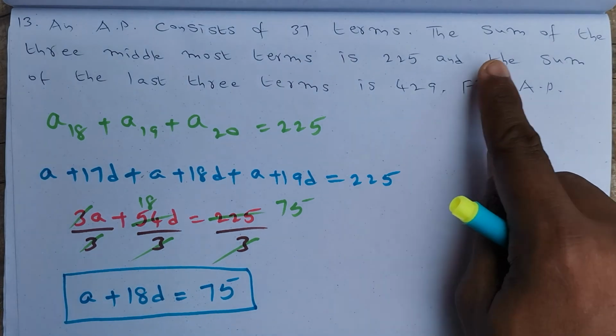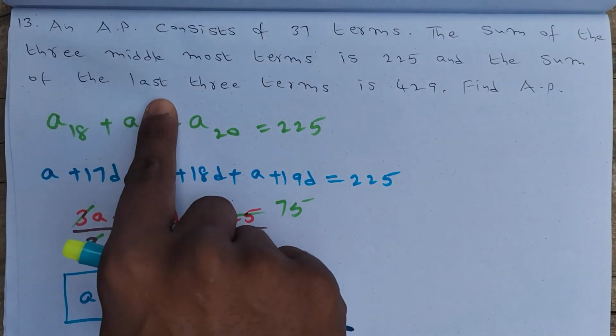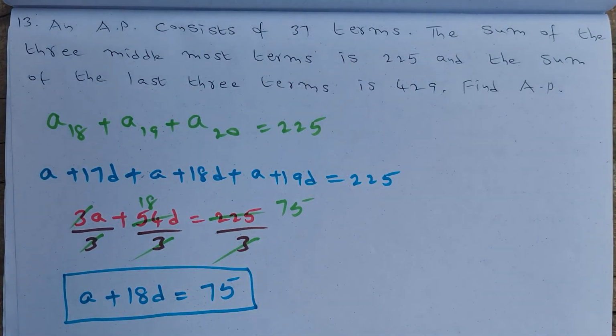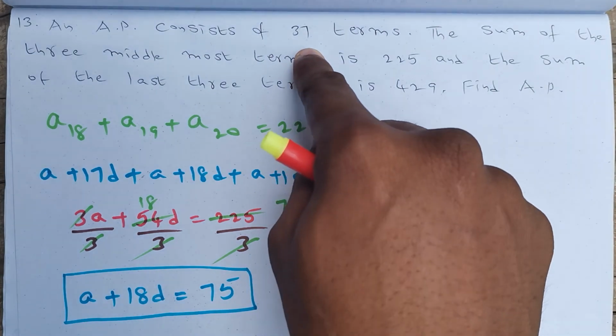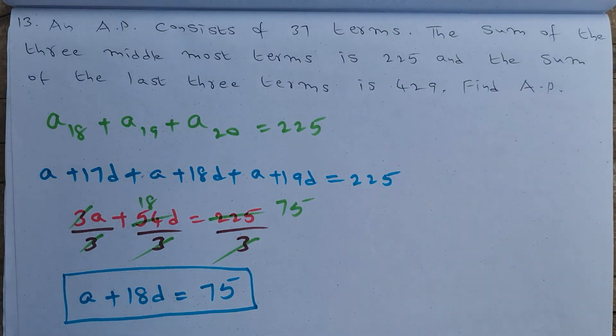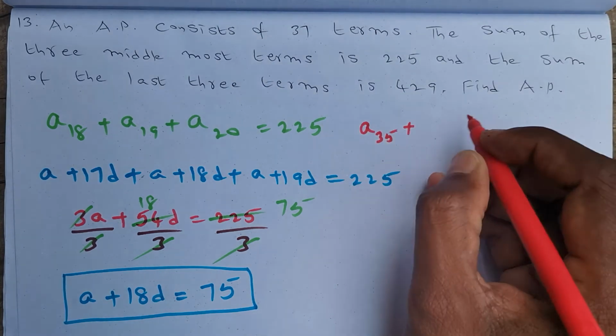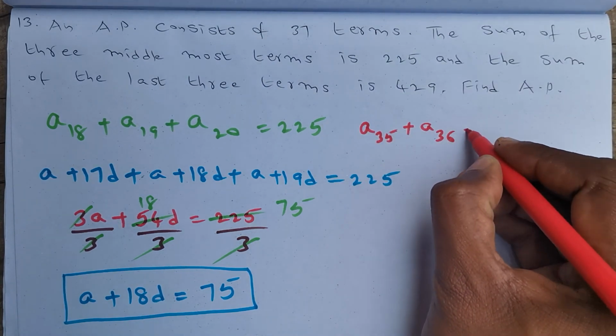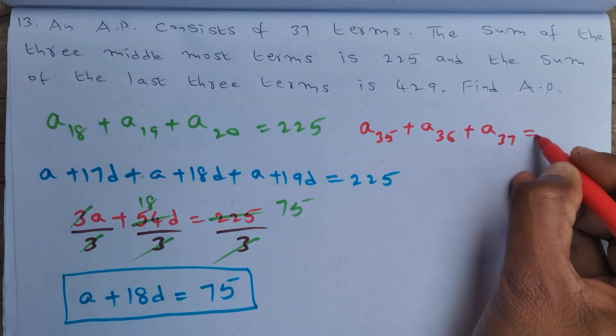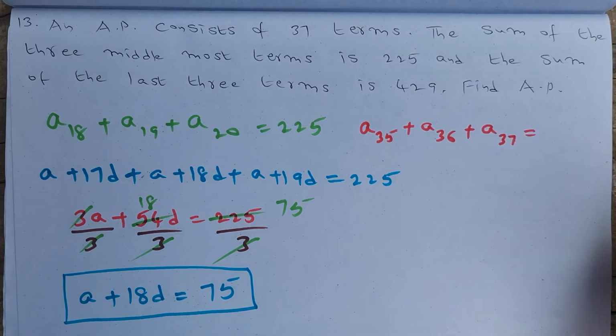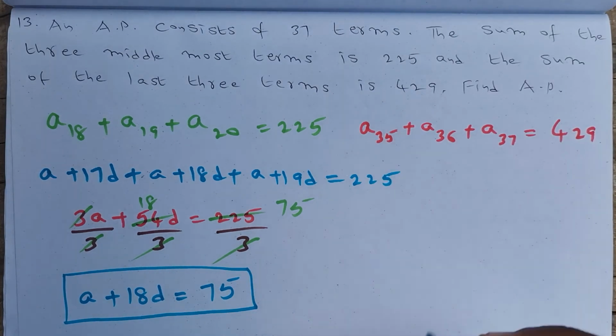Next, and the sum of the last 3 terms. Total 37 are there. So 35th, 36th and 37th. A35 plus A36 plus A37. Sum of the last 3 terms is 429. Next, how we will write A35?